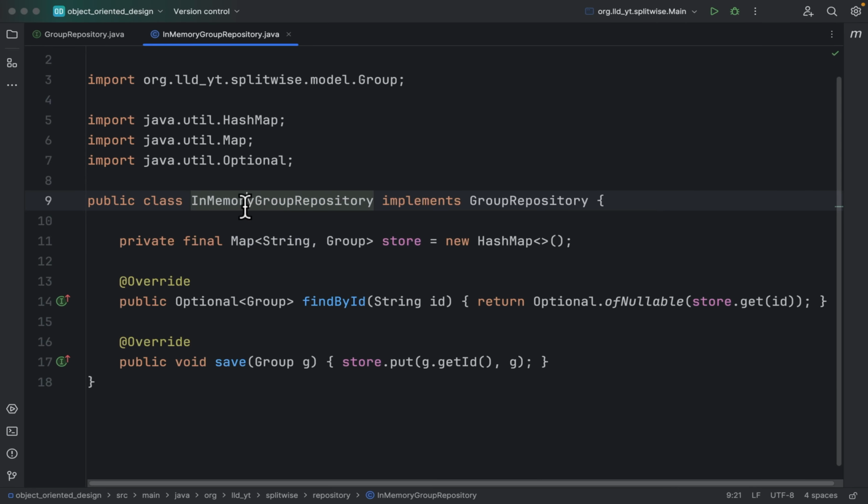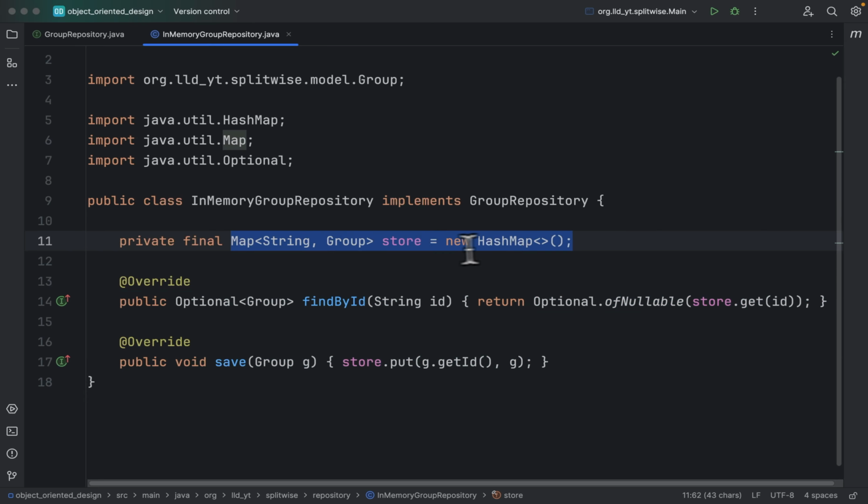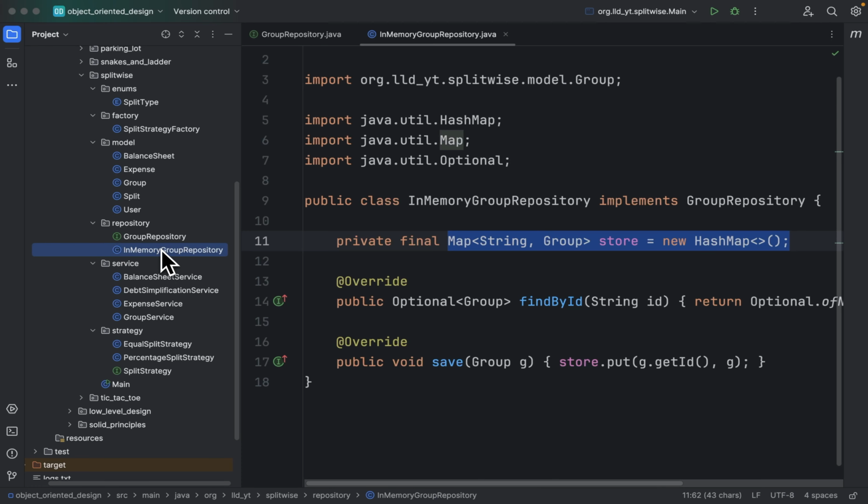So this is one of the implementations of the group repository. The name of this class is in-memory group repository because these CRUD operations would be performed on in-memory database, which is the HashMap. Similarly, in future, if you want to add one more repository, let's say SQL group repository, then you can add that.